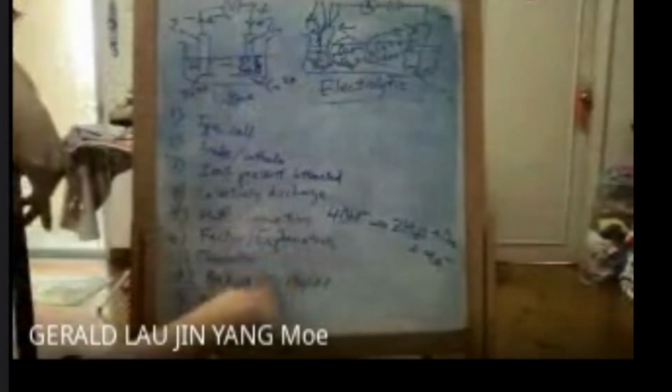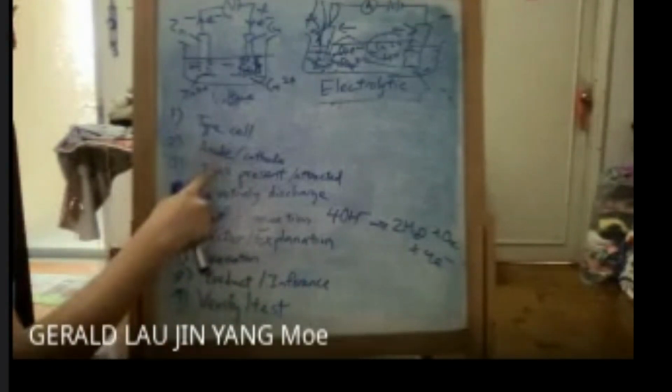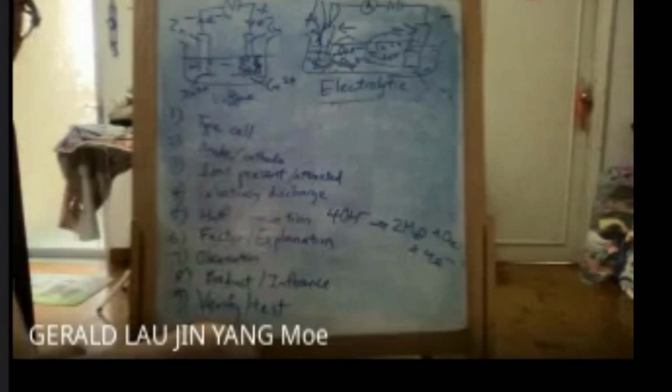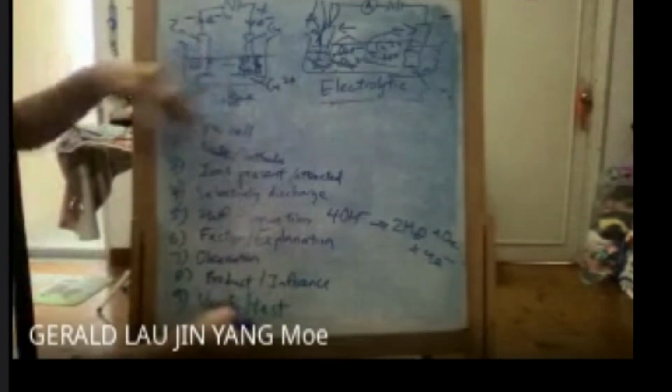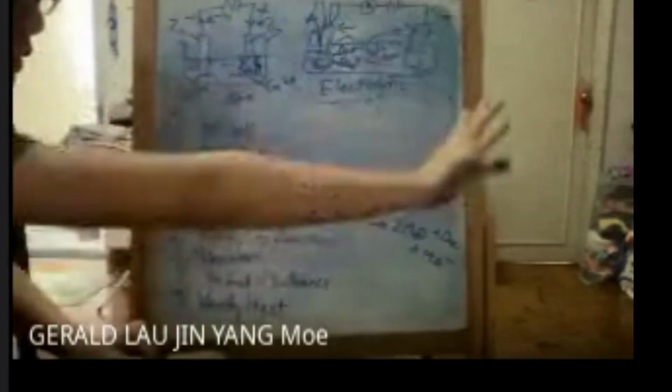They can ask you selectively discharged, write the half equation, explain the factor, verify the test. That day the trial didn't ask to verify. They did ask the product, but they didn't ask the type of cell. Once you understand the entire thing, everything is really easy.